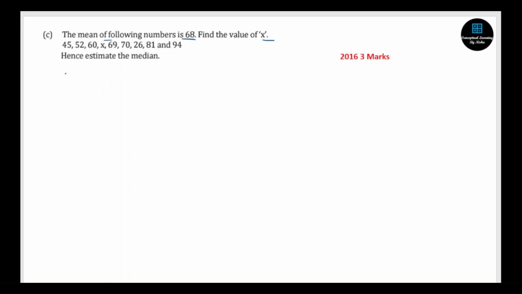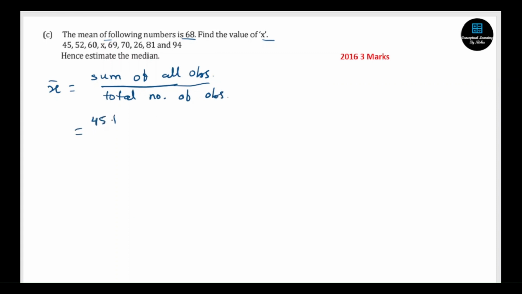We know that mean equals the sum of all observations upon the total number of observations. Then we have to add all the values. We'll quickly do that, and then we can find the missing number x.